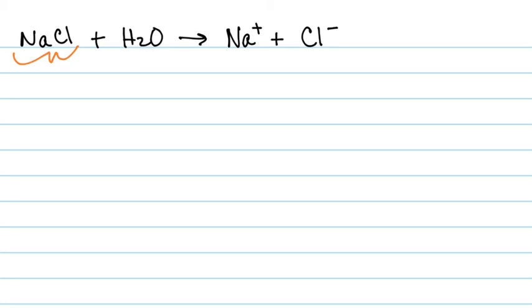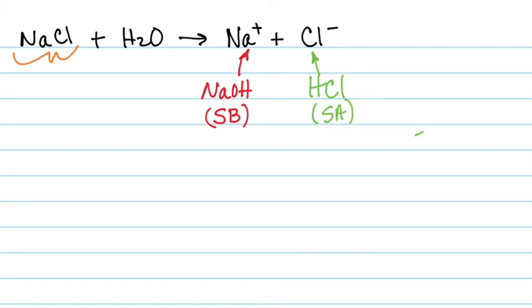The sodium ion is going to typically come from sodium hydroxide, which is a strong base. Your chloride ion would come from hydrochloric acid, which is considered to be a strong acid.